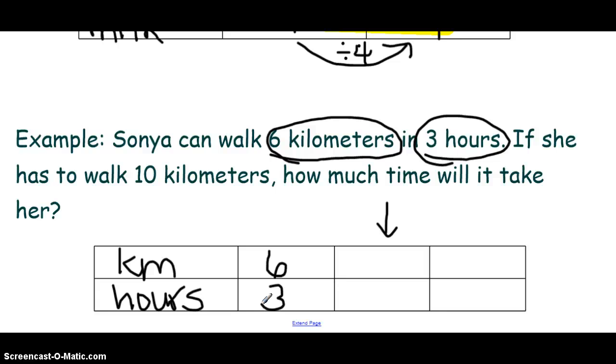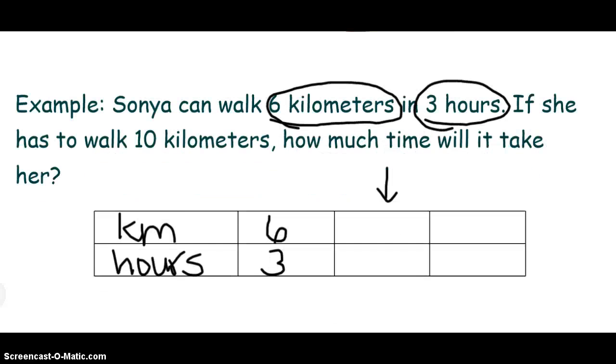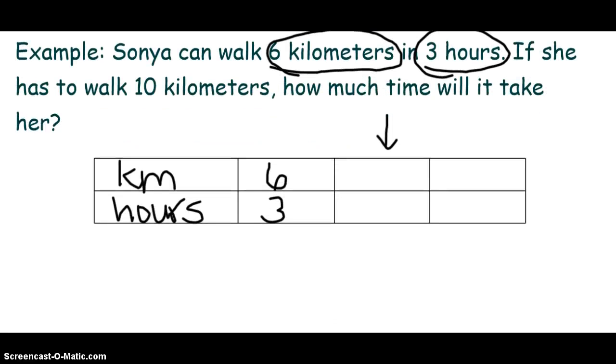In order to figure out how long she wants to walk 10 kilometers eventually, let's figure out how we can make this a unit rate first. So first let's change our hours to 1. We will divide 3 by 3 to get to 1. So we would divide 6 by 3, and that will give us 2. So Sonia will walk 2 kilometers for every hour.